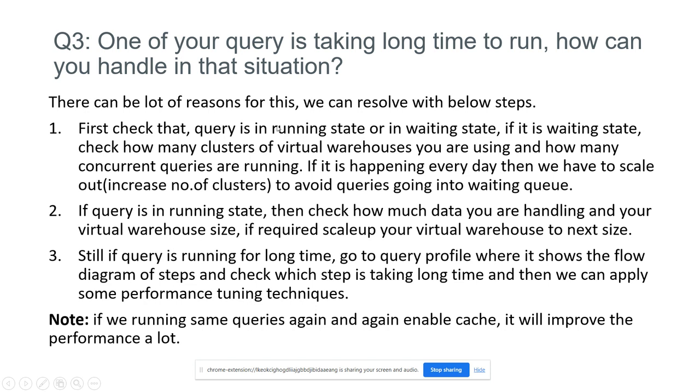You may think the query is still running for an hour or half an hour, but in the background, maybe it was not running. It was in waiting state because there were no resources available to run. If that happens daily and you are running on a single cluster, you have to increase your number of clusters so that you can avoid the queries going into queues. So this is the first thing we have to do.